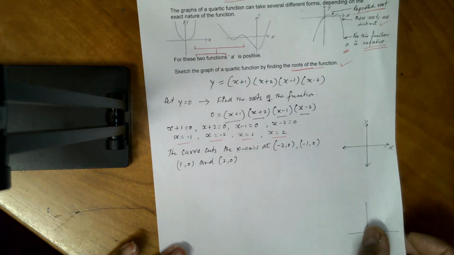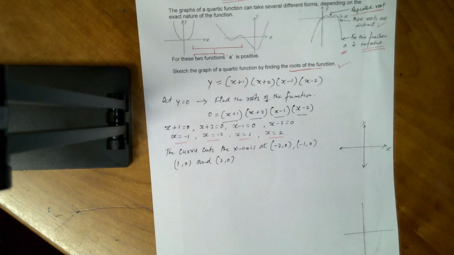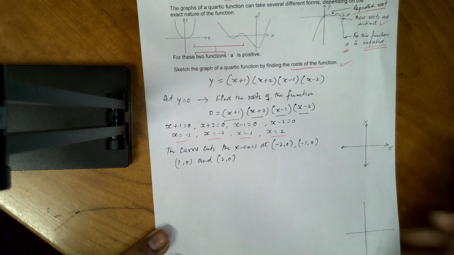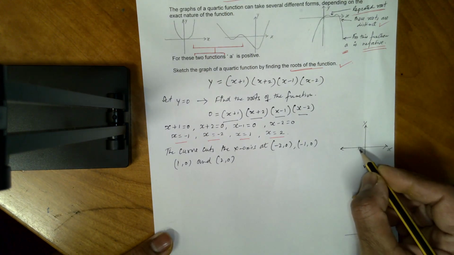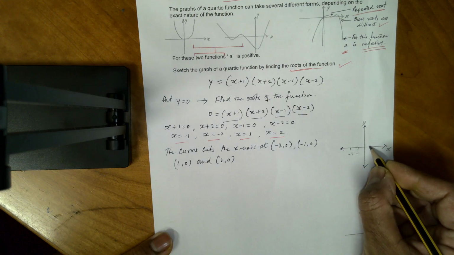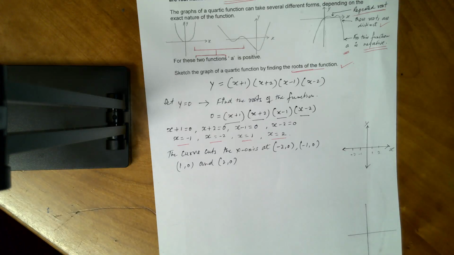Clear so far? As we have these coordinates, we can also have this on here as well. So that's your -1 and that's your -2. That's your 1 and that's your 2. Because this is what we need, right?